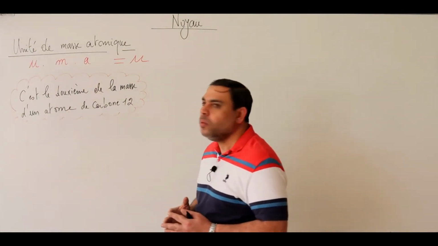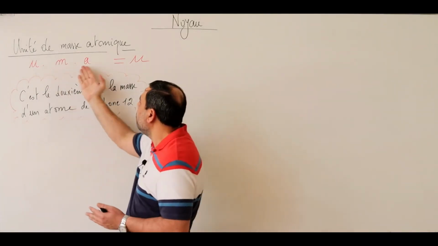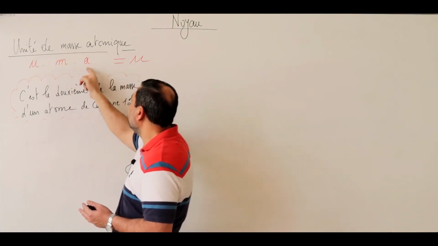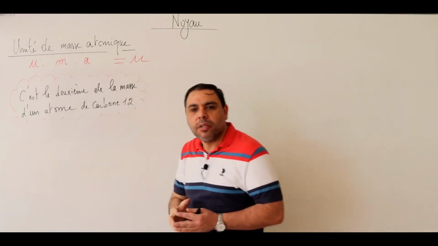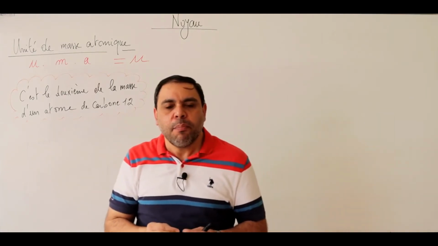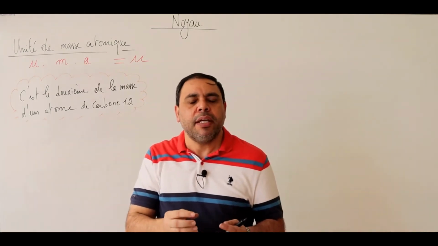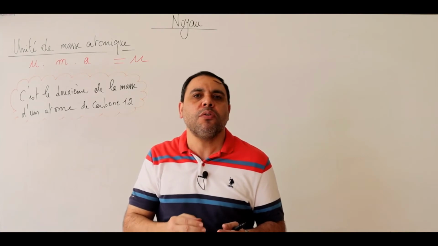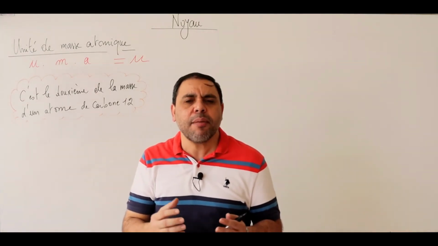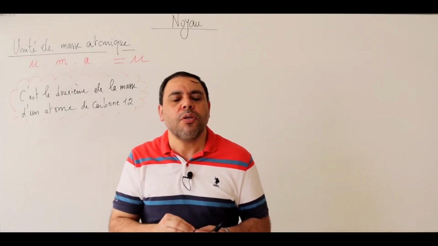Now we're going to define and explain the atomic mass unit, AMU, or simply U. We define such a unit of mass since the masses of protons, neutrons, nuclei, and atoms are extremely small with respect to the SI unit of mass, which is the kilogram.